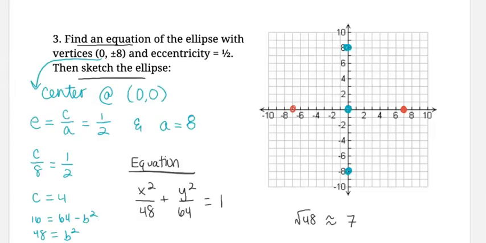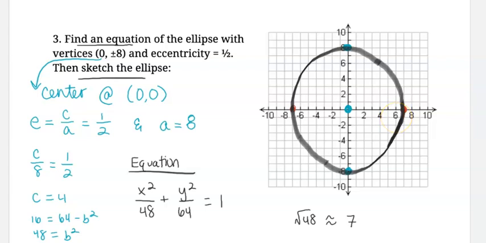Hey, ladies and gents, welcome back. So as I finish up making my ellipse graph, hopefully you can see that I started by graphing my vertices points, and so that gave me my center, which was right here at 0, 0. And then that let me know that the a value was 8.